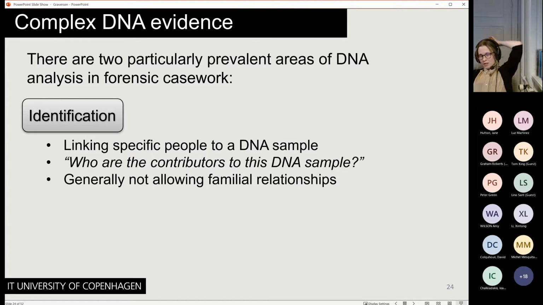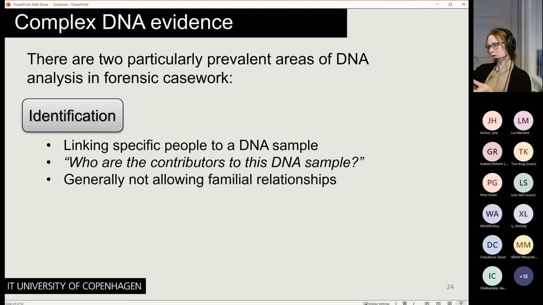Roughly, if we look at this DNA evidence a little bit more broadly, there are, very generally speaking, two main areas of DNA analysis. One is identification, which I've been talking about up until now. This is something that talks about who the contributors are, who the persons are who gave DNA to this sample.